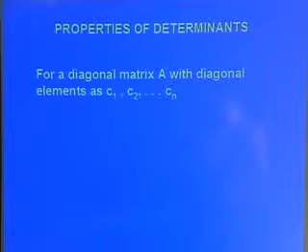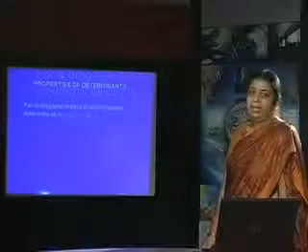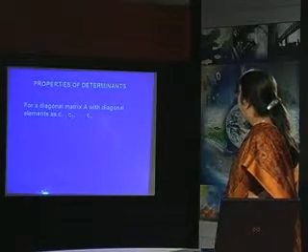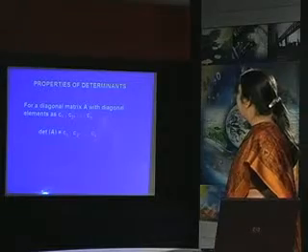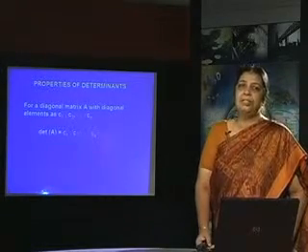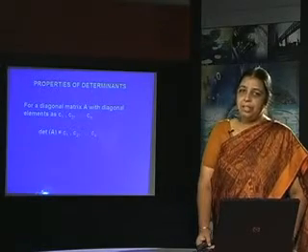The things will be further simplified if we talk about some special matrices like the diagonal matrix. If we have a diagonal matrix A having elements c1, c2, cn, the diagonal matrix means it has only the diagonal elements non-zero, and the rest of the elements are 0.